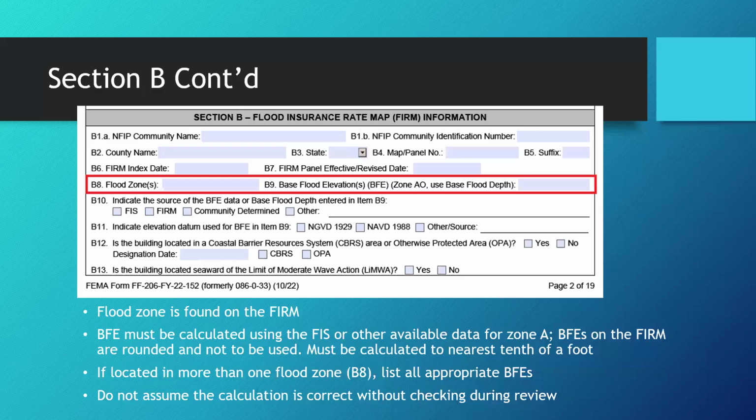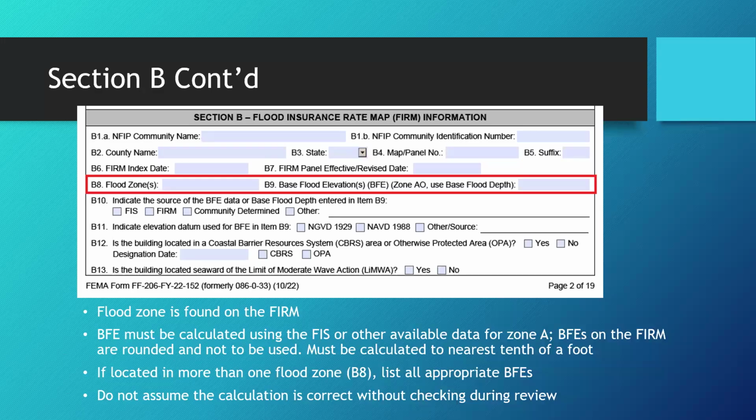We have for the entire state this type of data, so we have that available. As I showed you, there are base flood elevations on the firm, like at cross sections, and in between those, they often have numbers that are rounded. We can't use those. We have to have it calculated to the nearest tenth of a foot. So that's one decimal place. We have to have it calculated.